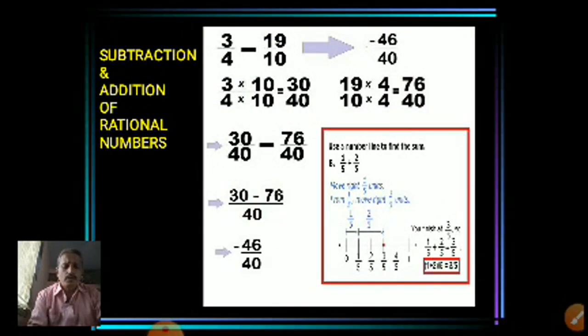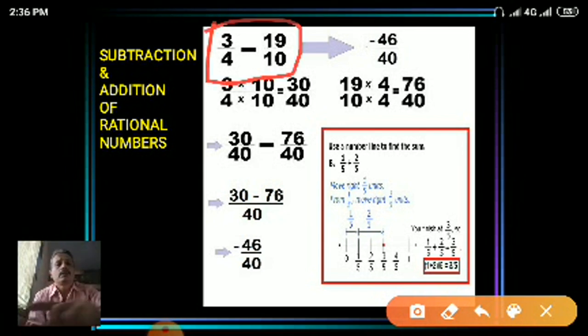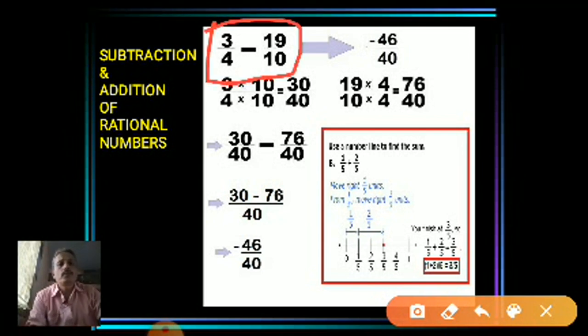Now, how to add and subtract two rational numbers? First, I want to take an example of subtraction. The question is here. You can see 3 upon 4 minus 19 upon 10. Yes, subtraction of two rational numbers.